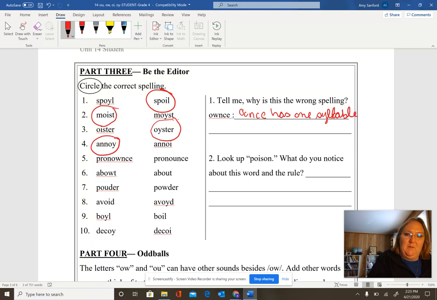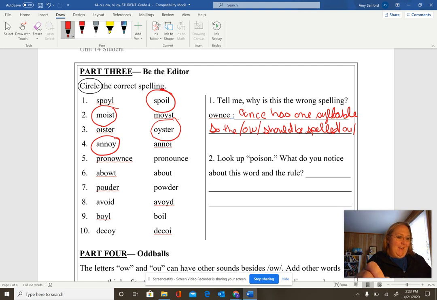So the OW sound should be spelled OU, even with an N, which isn't at the end of the word.